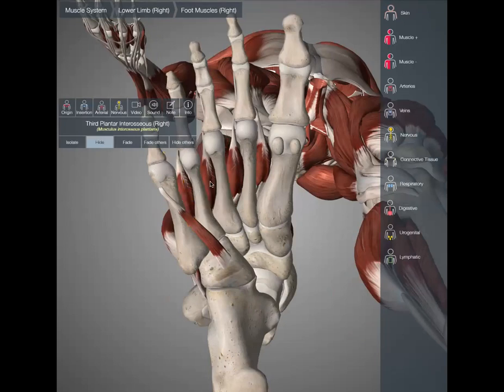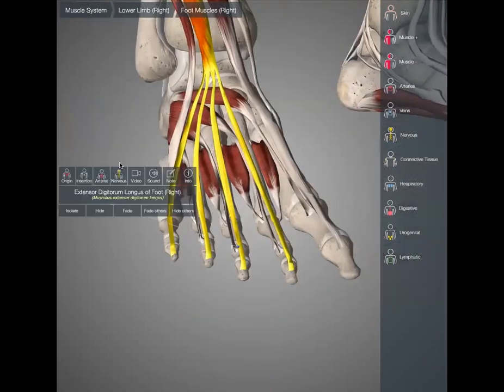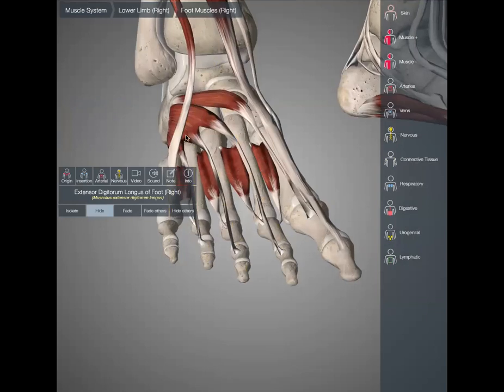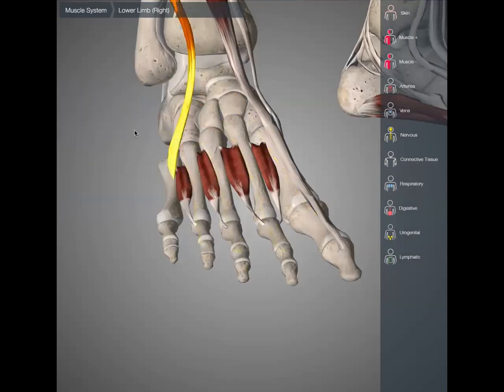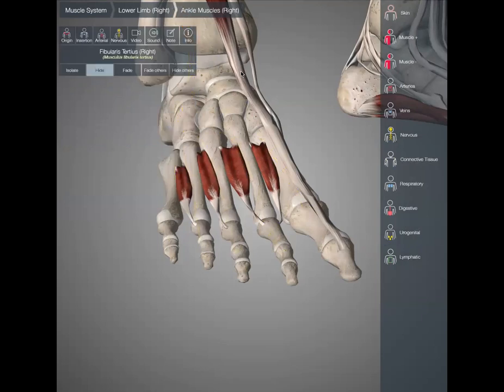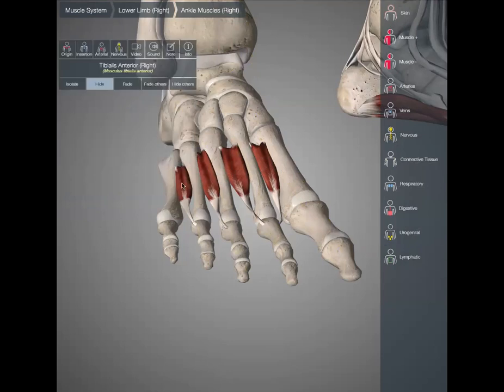So when we hide them, what's left to us is the dorsal. Let's hide those. We don't need them to make it clear. Don't need them. What we're last talking about is here. The dorsal interossei.